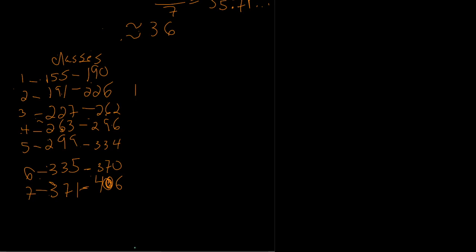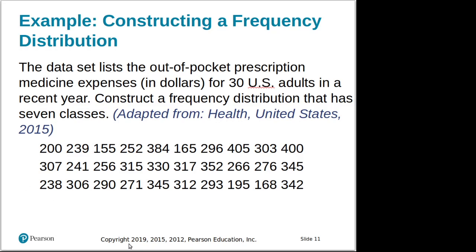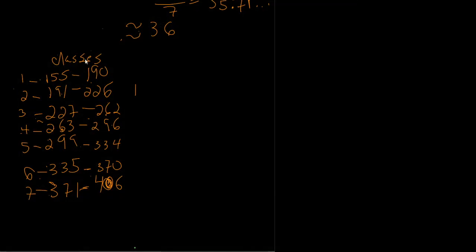And I go back to the data again and I go 239. Well, that comes over here, and 239 is in this class. And I work my way through each piece of data, putting a tally mark down. I tend to mark them off on my list as I go through.